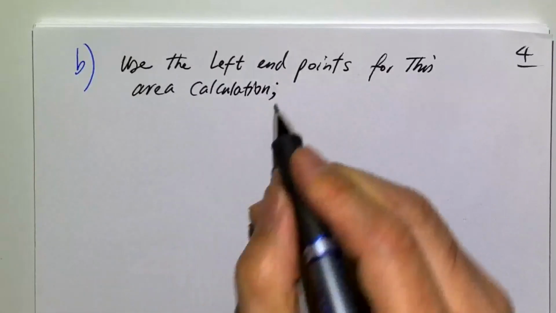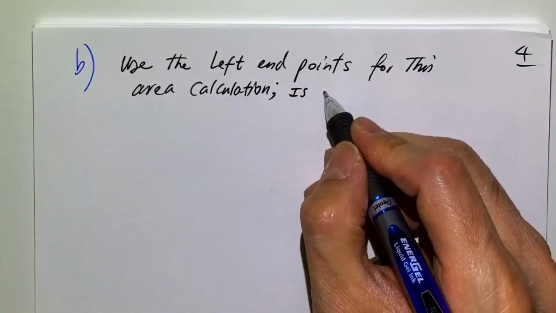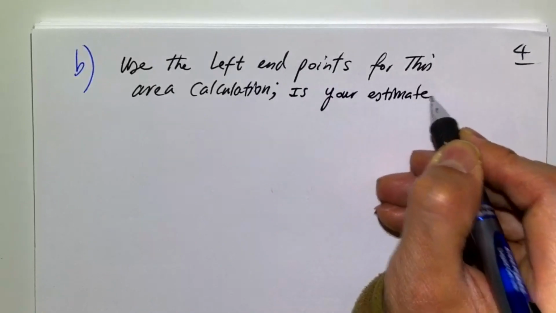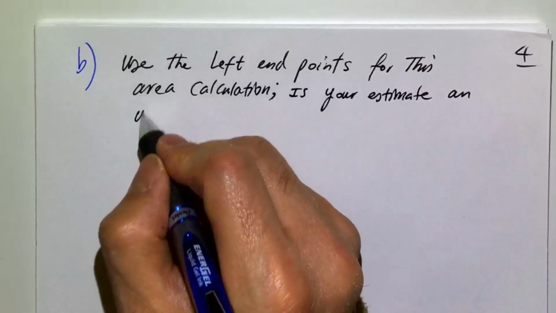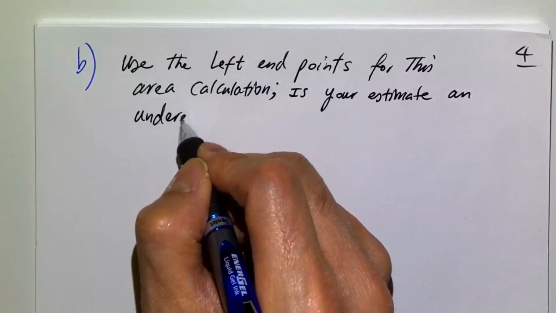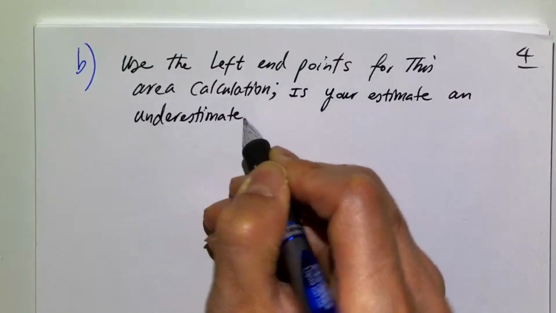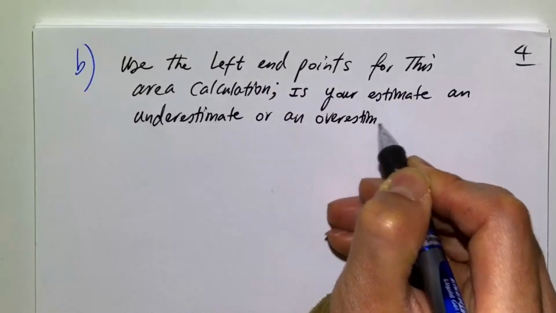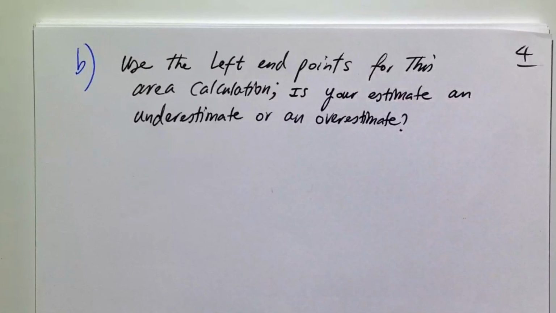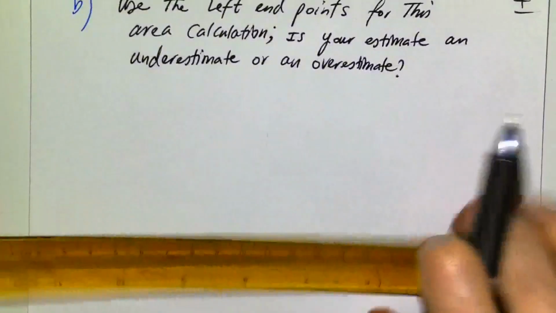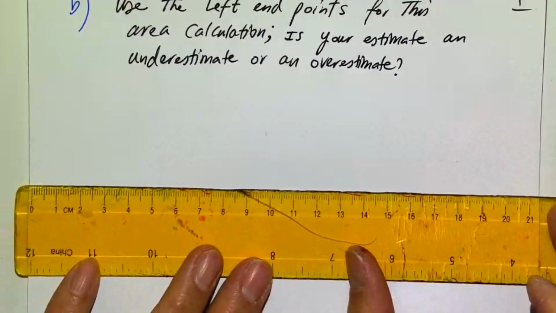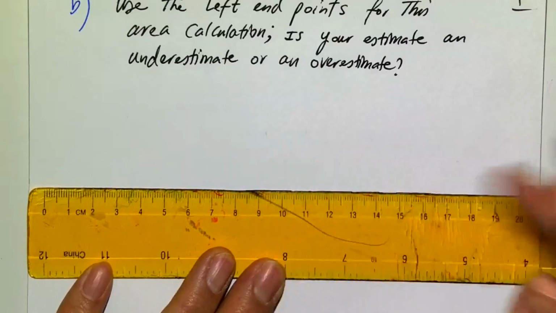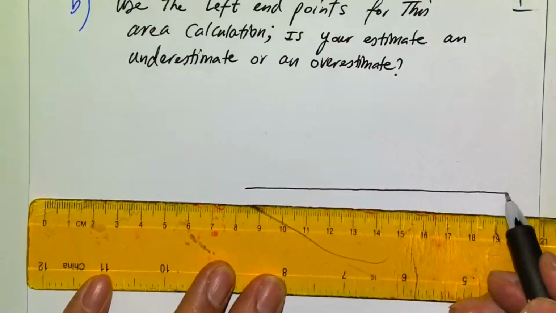And then let's answer the same type of question: is your estimate an underestimate or overestimate? Okay, so I'm quickly going to draw another picture here. We need that because we're going to use a different approach. So here, maybe drawing here.